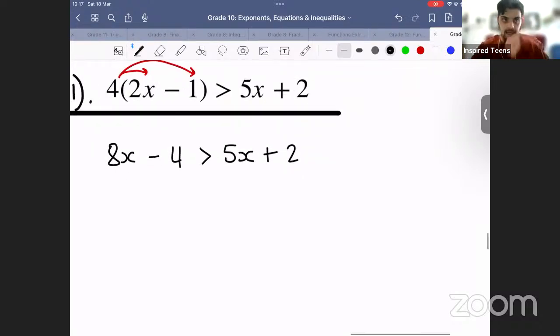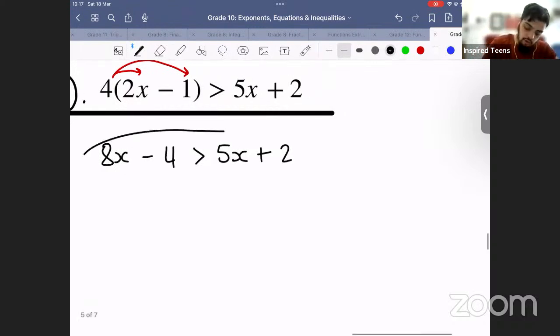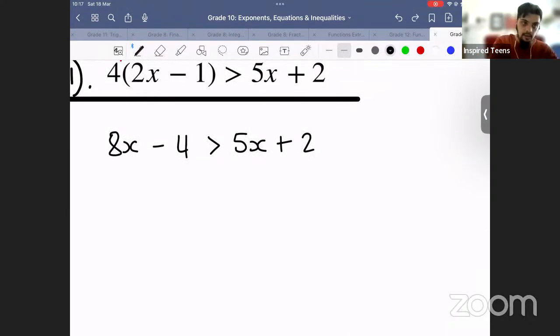So now, just like how we solve an algebraic expression, we are going to solve an inequality in the same way. So you want your variable on one side and your constant on another side.